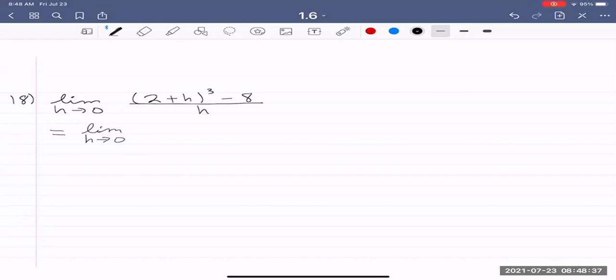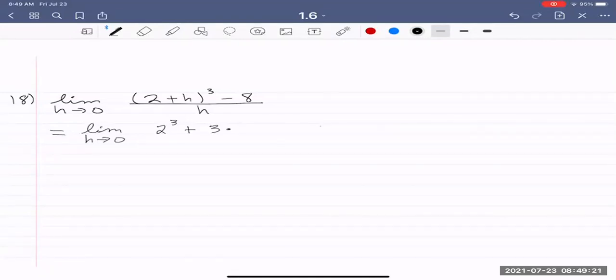So this is equal to 2 cubed, 8. Actually, let me write it as 2 cubed plus 3 times 2 times h plus 3... darn. Let me do that over again. Sorry.